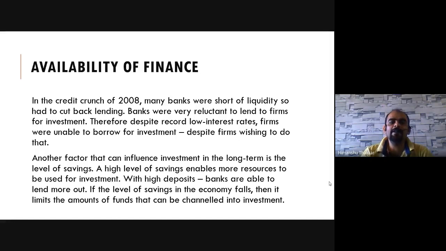In the credit crunch of 2008, many banks were short of liquidity, so had to cut back lending. Banks were very reluctant to lend to firms for investment. Therefore, despite record low interest rates, firms were unable to borrow for investment despite wishing to do so.